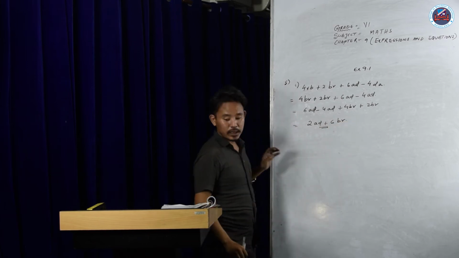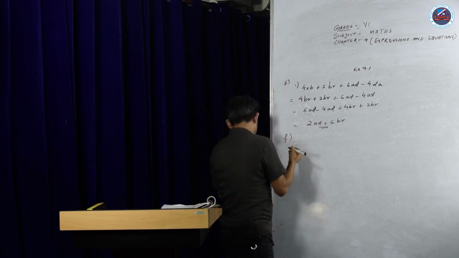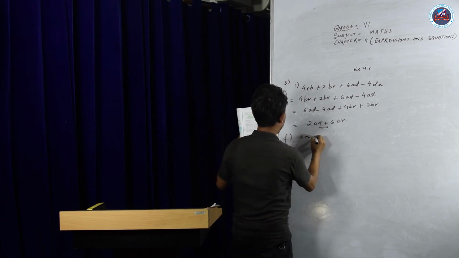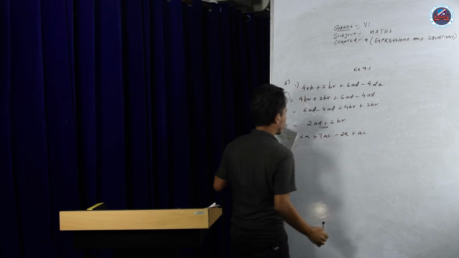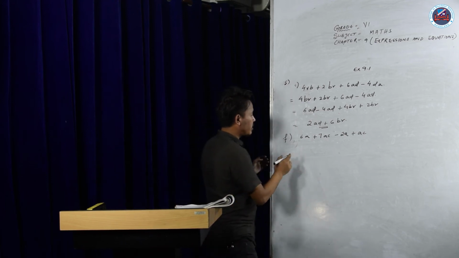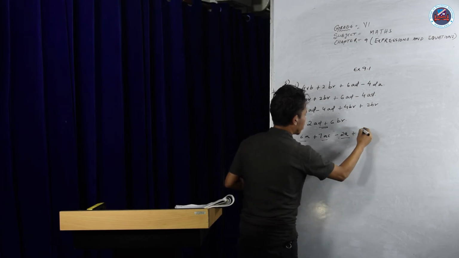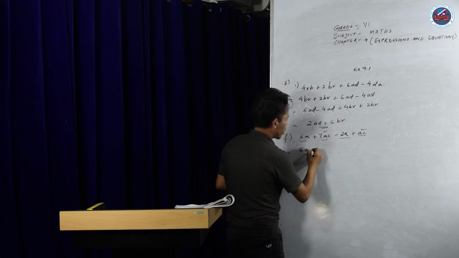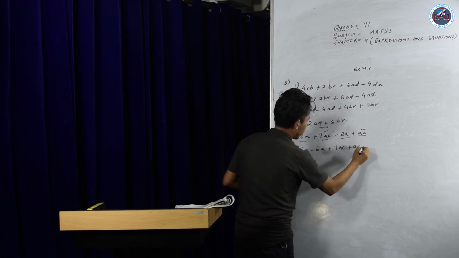Let me do one more sum. I will do F, that is 6A plus 7AC minus 2A plus AC. You can see there are like terms here, 6A, 2A, 7AC and AC. So let's bring the like terms together: 6A minus 2A plus 7AC plus AC.